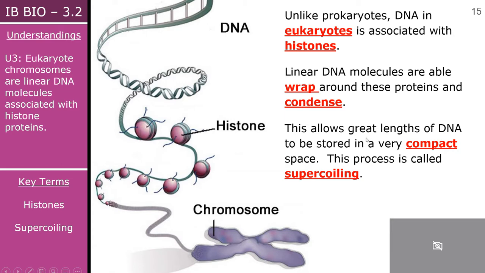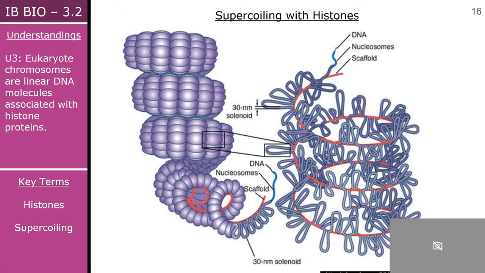And you guys have 6 feet of DNA in your cells right now, and it allows them to be stored in a very compact manner. And that is called supercoiling, because it's hypercoiled. And again, this is just another visual of what that looks like. Again, we have this DNA, it's wrapping around the nucleosomes, the histone proteins here, and it just keeps stacking until it is wrapped very tightly.